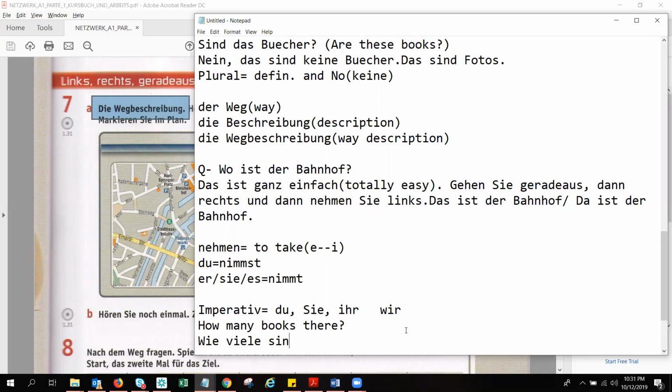Wie viele Bücher. Like, how many books do you have, if you want to say this? Do you have? So it will be: Wie viele Bücher haben Sie? Bücher, haben Sie. So wie viele is how many.